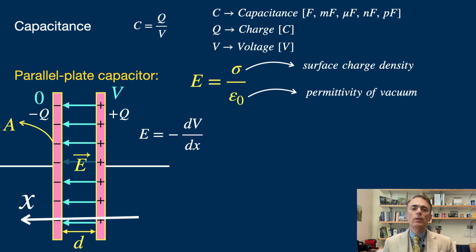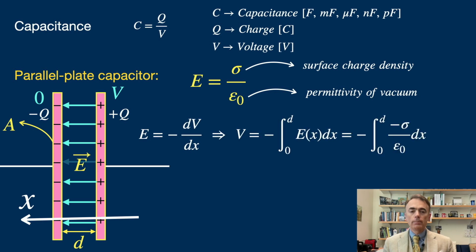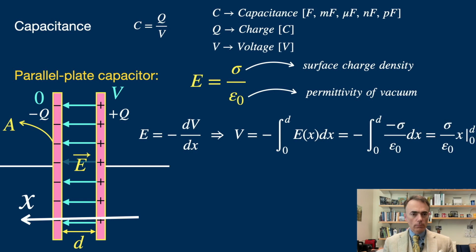Because of the symmetry, this is a one-dimensional problem and I choose x to be that axis. Then V equals sigma d over epsilon naught.